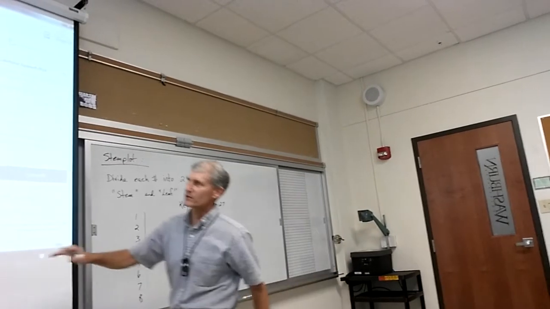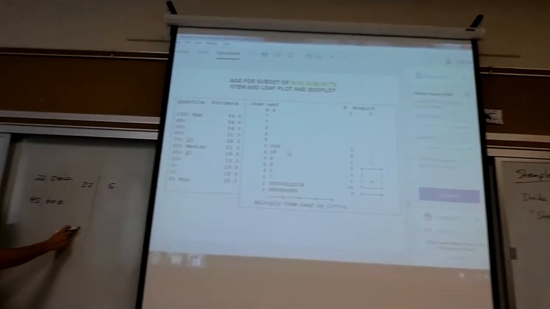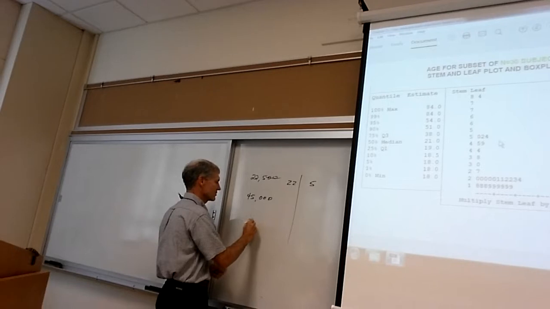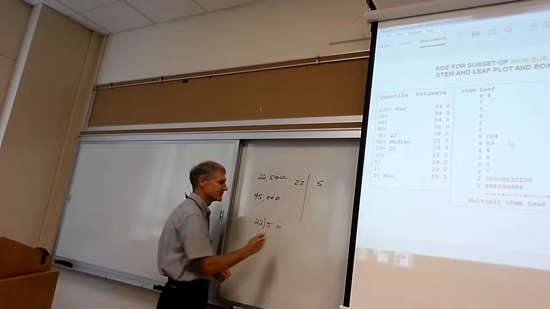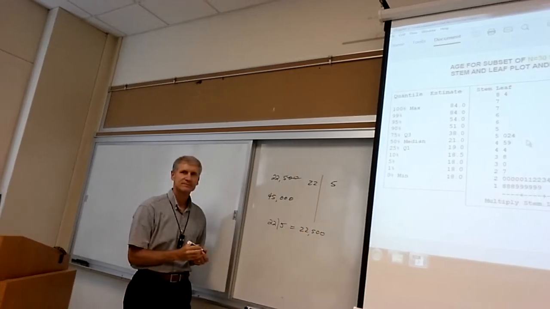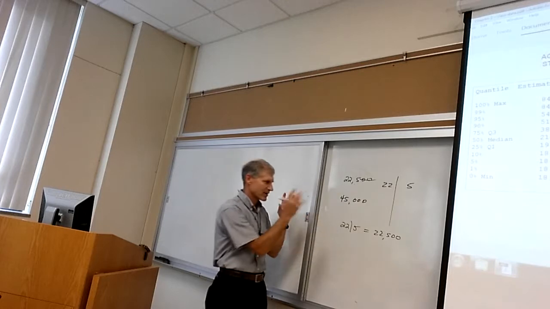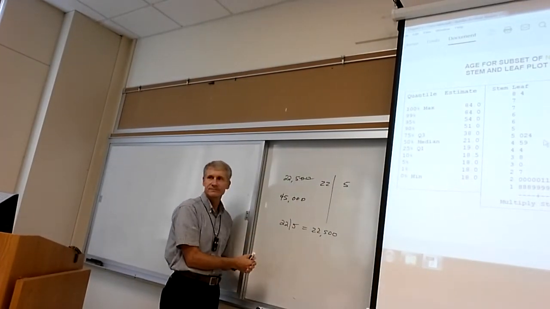What would the key be for this one? 22 stem 5 equals 22,500. And then that orients the reader that they're rounded to the nearest 500. Right?